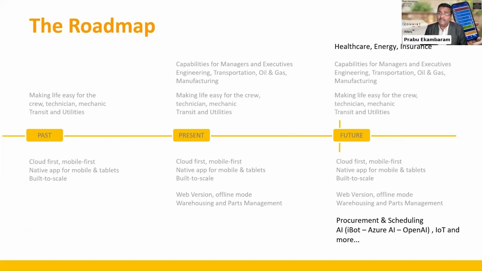Now, having said that, because our architecture is open, there are enough hookups in the product, it becomes easier for us. When I say easier, there is not much change to our base framework itself. With minor modifications, we are able to extend into all these additional modules, platforms, and verticals.